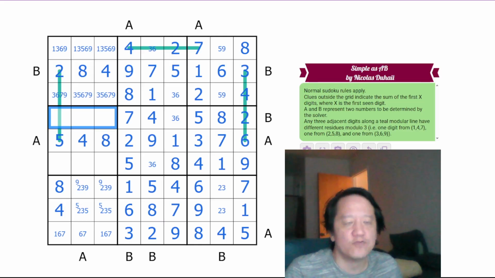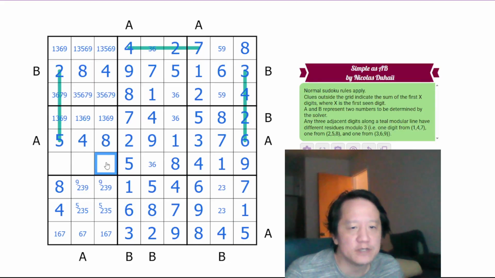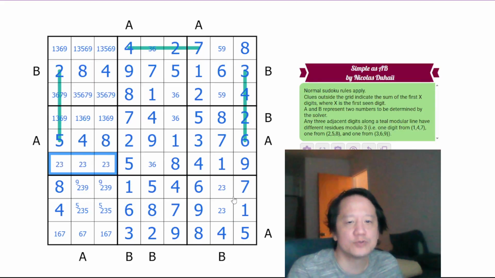Remaining digits of row 4. We have 1, 3, 6, and 9. Remaining digits of row 6. We have 2, 3, 6, and 7. Okay. No 2 here because of 2 in the column.